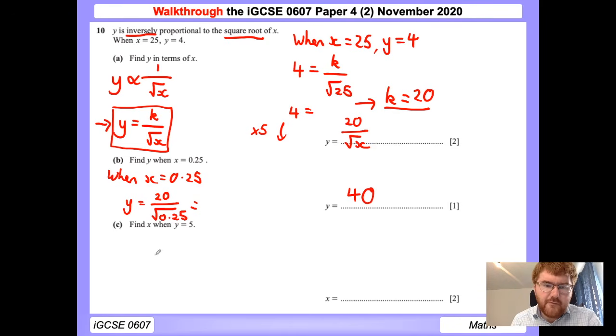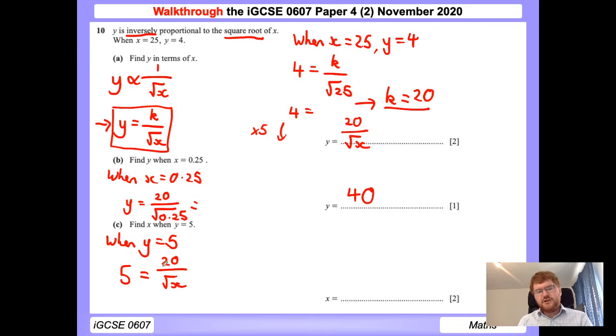This question works the other way round. So when y is equal to 5, you put 5 equals 20 over root x. We've got a slightly strange equation here, but we treat it in the same way. We want to remove the denominator, so I'm going to times root x on both sides. These cancel, then I get 5 root x is equal to 20.